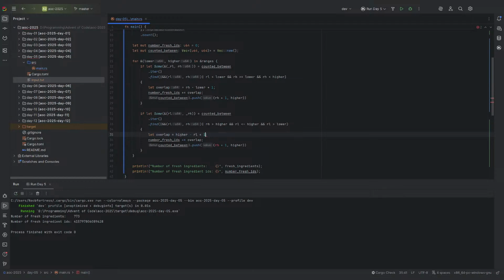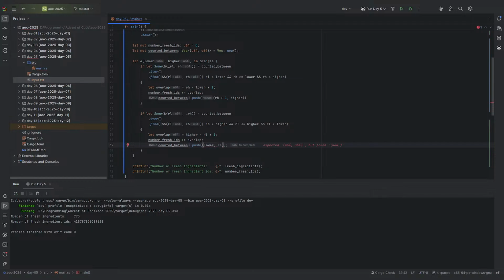Almost need to do +1 for closed ranges. Overrun there, so this will be from lower to here.